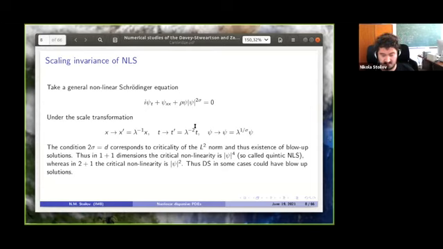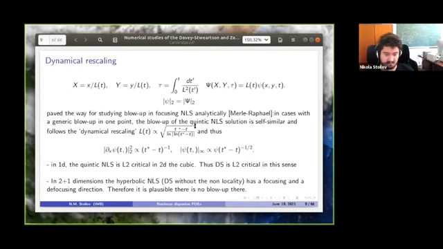For certain values of the nonlinearity and the dimension, there is a criticality of the L2 norm, and this leads to existence of blow-up solutions, because I can make the height of the solution very tall and compress it in space. In the 1+1 dimension, the critical nonlinearity is 4. This is called the quintic NLS. In 2+1 dimension, the critical nonlinearity is the quadratic one. So in some cases, DS is suggested to have a blow-up.